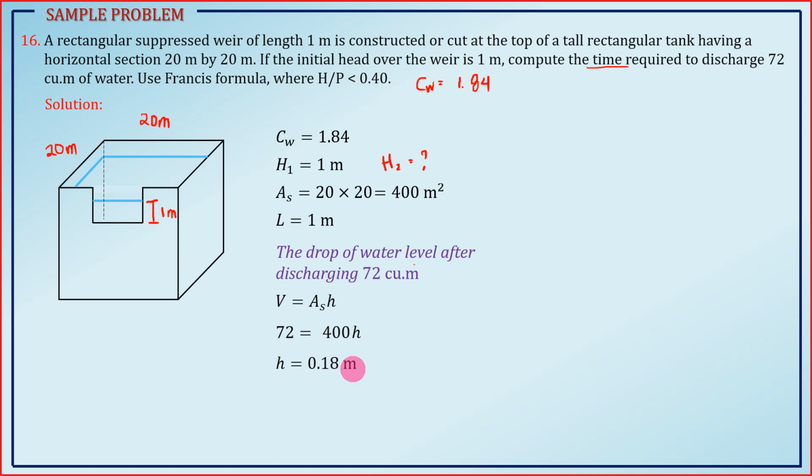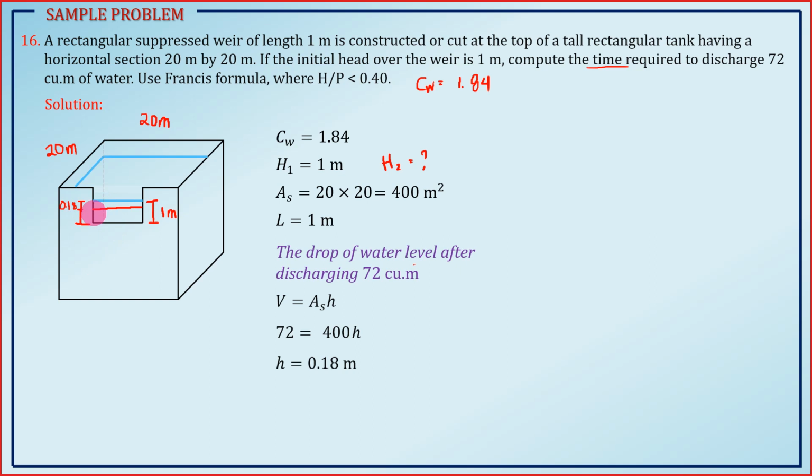Ayan. So, ito bang 0.18 meters, yun ba yung bago nating head? Hindi. Kasi itong 0.18, yan yung ibinaba. So, from this level, bumaba siya ng 0.18. Hindi yan yung head natin. Di ba? Ang head, laging sinusukat from the water level hanggang sa crest ng weirs natin.